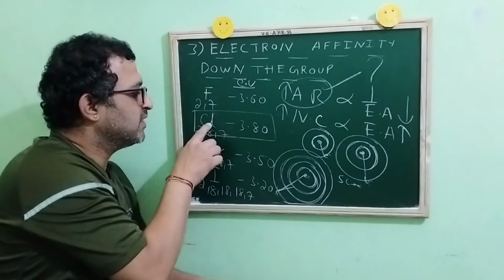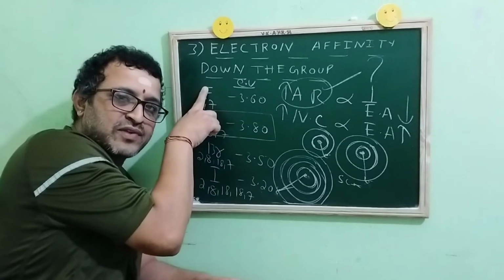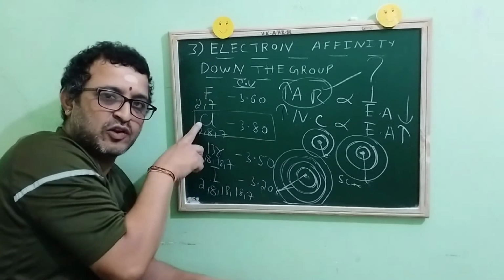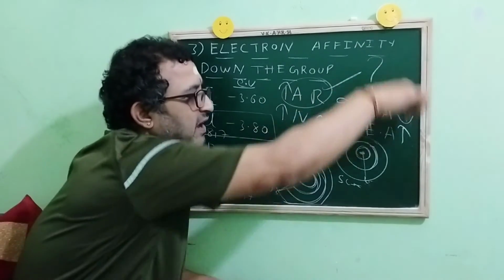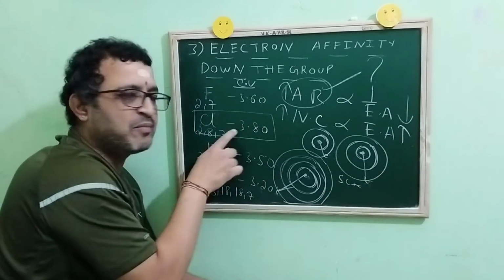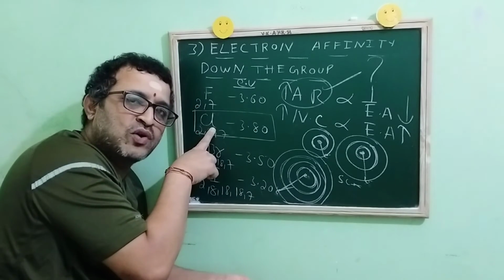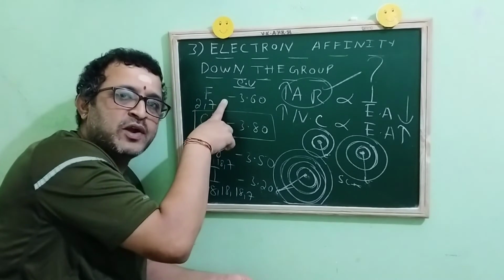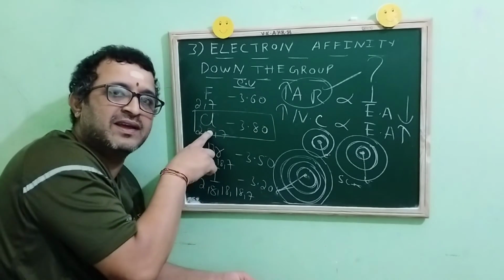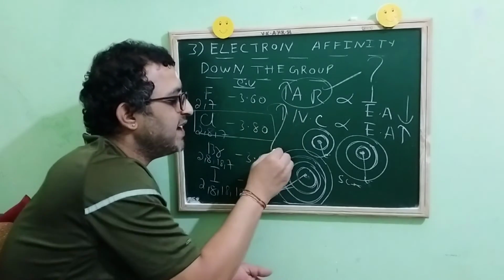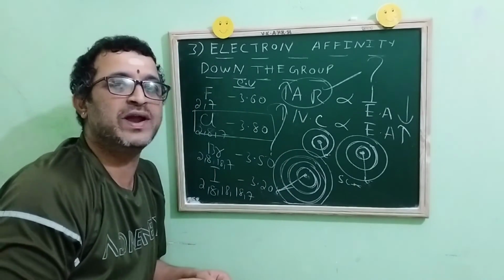The electron affinity of chlorine should have been less than the electron affinity of fluorine, because chlorine is bigger and fluorine is smaller. Bigger size, electron affinity is less. But there is some problem here. Why is the electron affinity of chlorine more when compared to fluorine? It should have been less. Why it is more, we'll discuss in the next video.